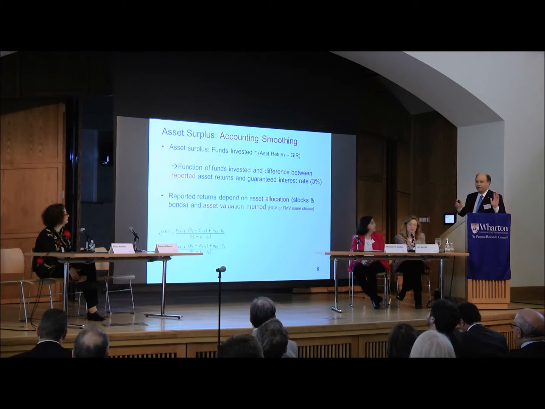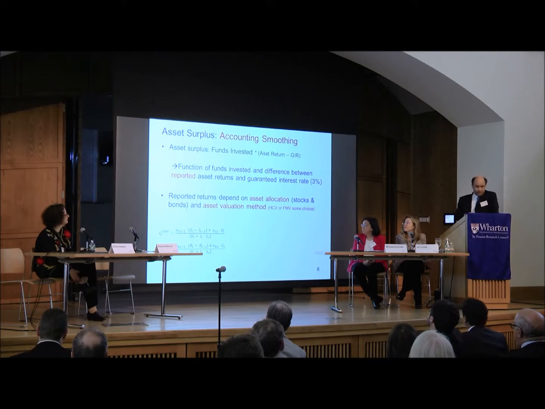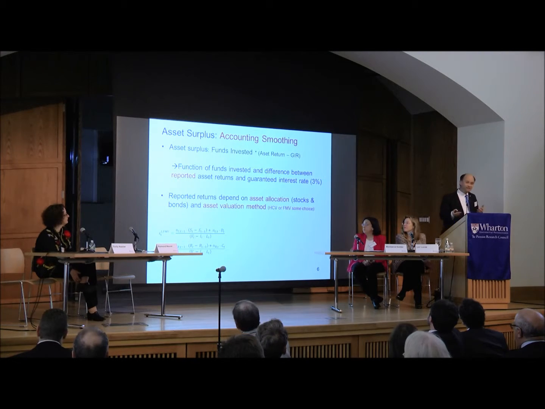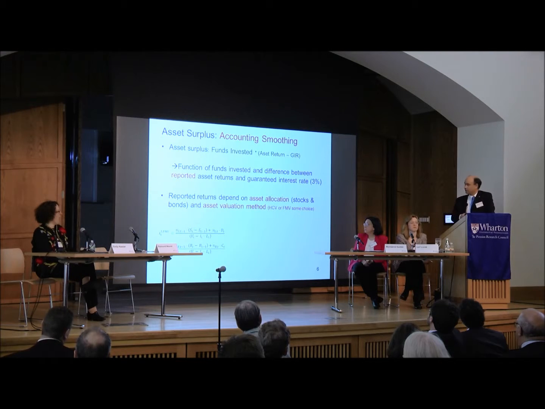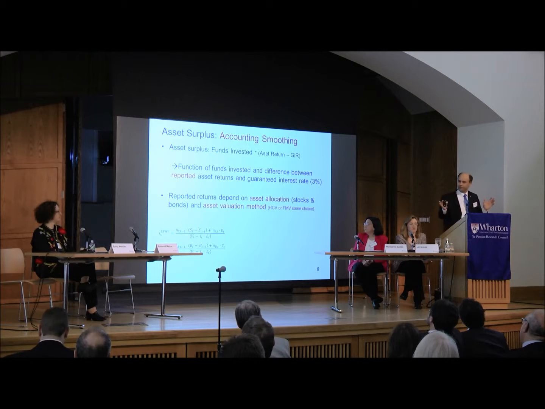The reported return depends, of course, on the asset allocation. That's a decision how much you invest in stocks, how much you invest in bonds, and the asset valuation method. Here I look at two different asset valuation methods, the historical cost value approach or the mark-to-market or fair market value approach, only these two things.